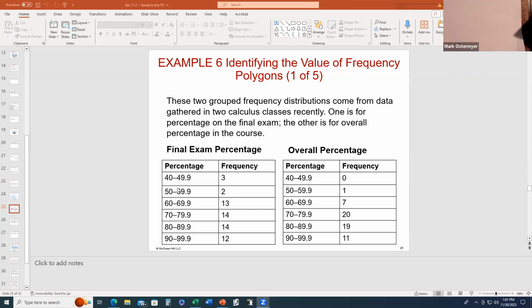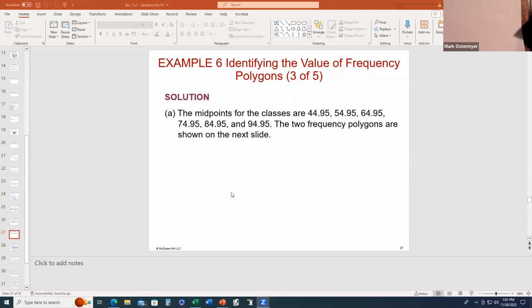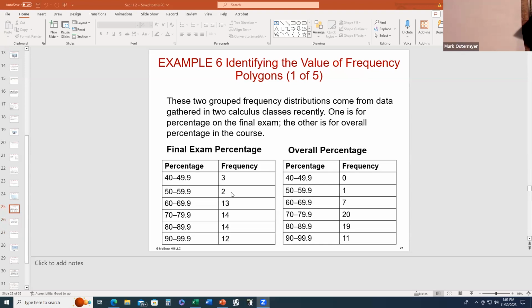So what we're going to do is compute the midpoint of each of these classes, because we're going to build a frequency polygon. And this is going to be a dual frequency polygon, one for the final exam percentage and another one for the overall percentage in the course.